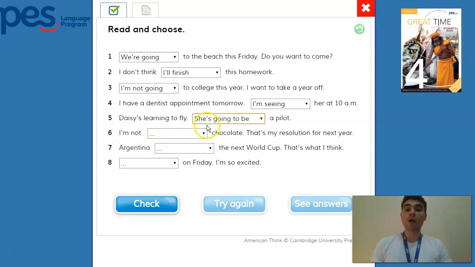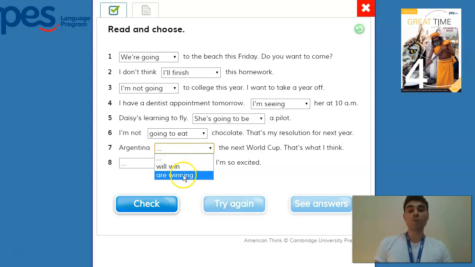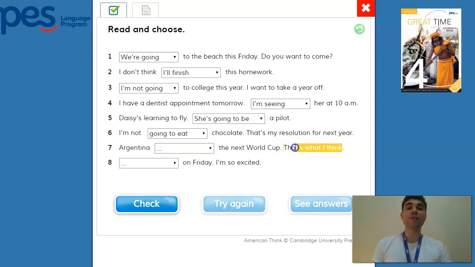Now, I'm not going to eat chocolate. That's my resolution for next year. Is this an intention, or is it something that is set? It's an intention, right? So I'm not going to eat. Now, 7. Argentina will win or are winning the next World Cup. That's what I think. Well, this person doesn't know the future, right? So she's thinking about that.